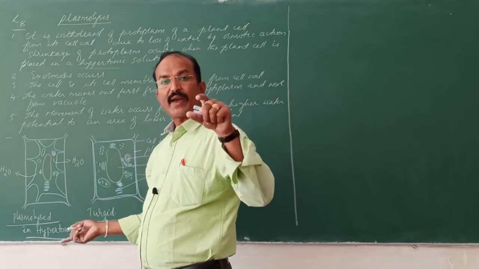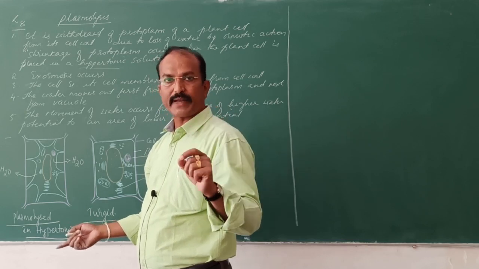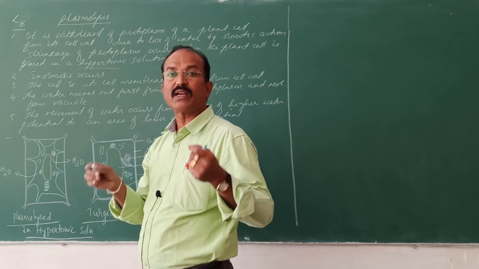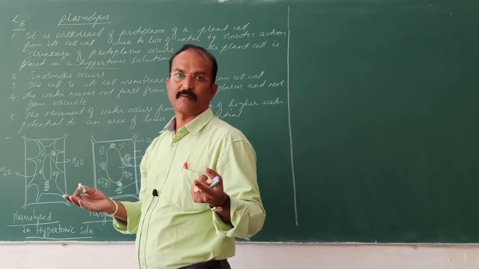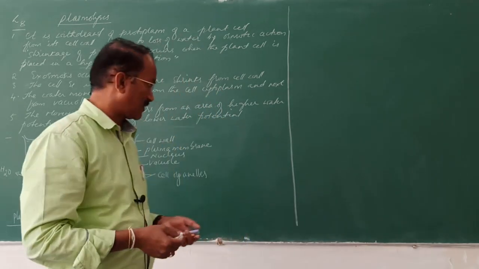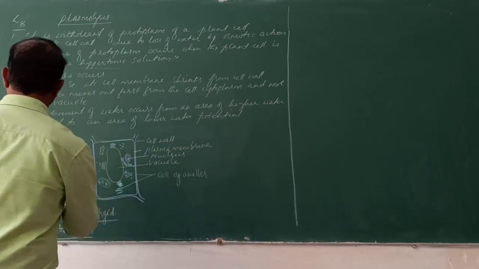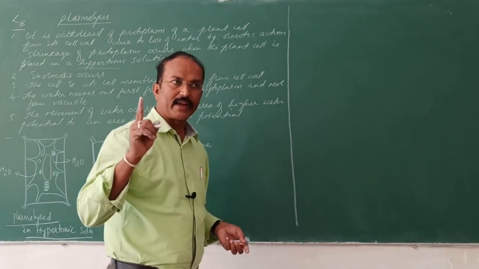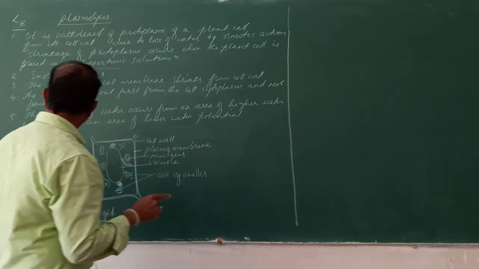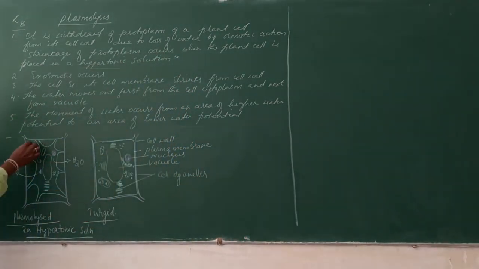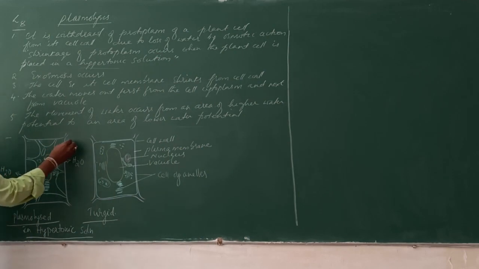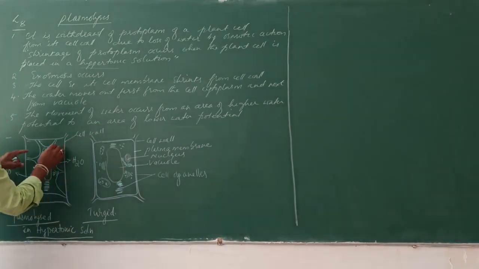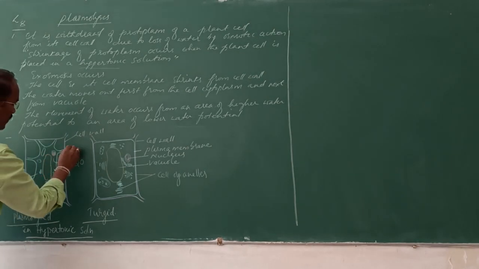A plasmolyzed cell, when it is placed in hypotonic solution, the reverse of plasmolysis occurs, that is deplasmolysis. And one more very important thing: here in this space, it is a gap, no? This is the cell wall. And what is this membrane?